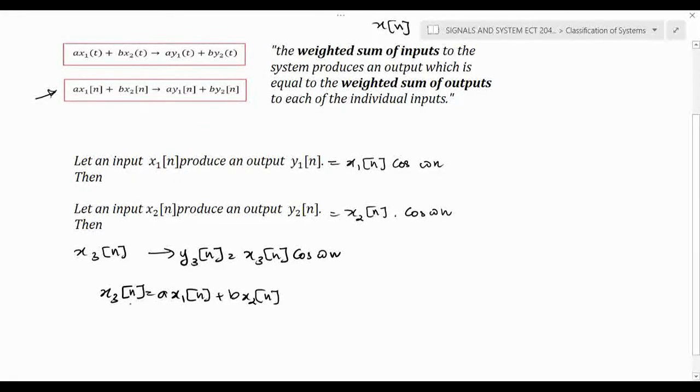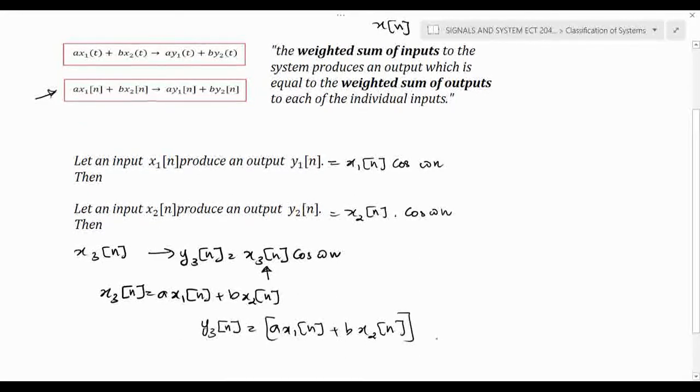Now x3 of n is defined as a x1 of n plus b x2 of n. Now we can substitute x3 of n in the previous equation. In place of x3 of n, you can substitute this expression. So you'll get a x1 of n plus b x2 of n.